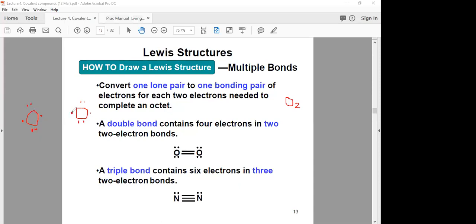Okay, let's look at what would happen if there was only a single covalent bond in between those oxygens. In other words, how many electrons are surrounding this oxygen to the left? 7, only 7. Yep, let's count them: 2, 3, 5, 6, 7.